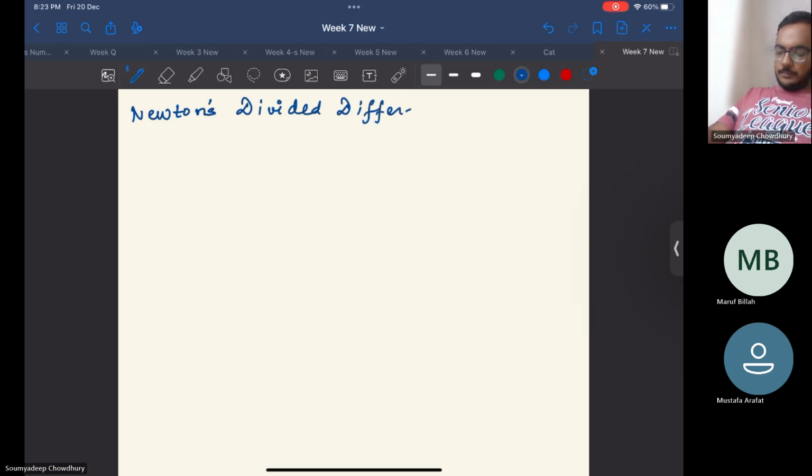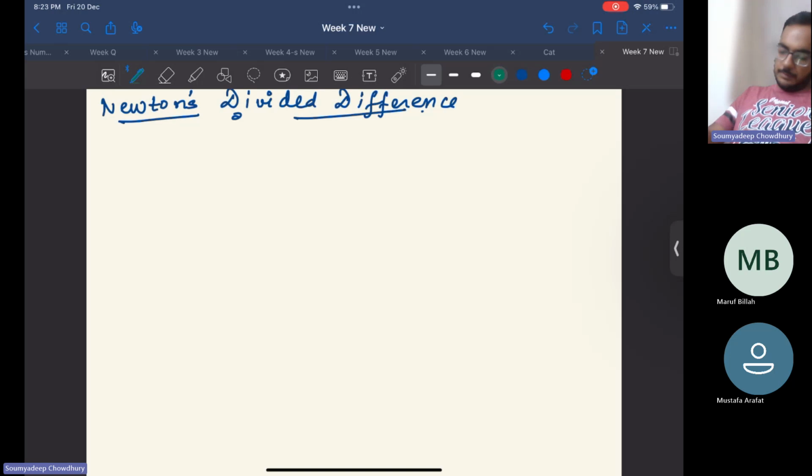Newton's divided difference. I'll just show the concept here. It is a similar kind of concept. So we have xi and yi, say x1, x2, x3, and x4. Similarly, we have y1, y2, y3, and y4.